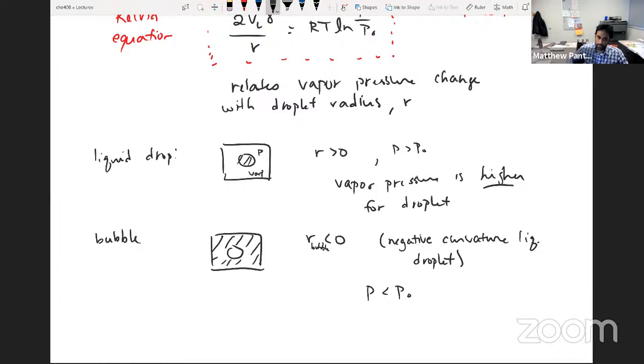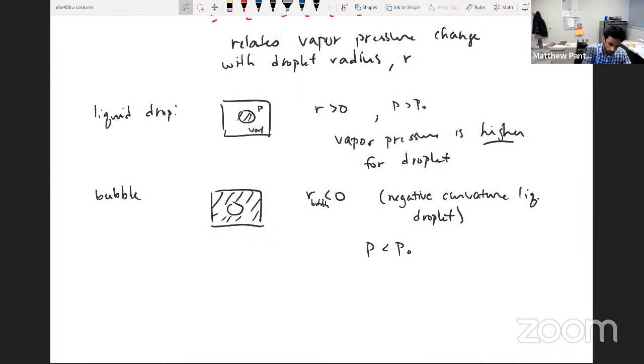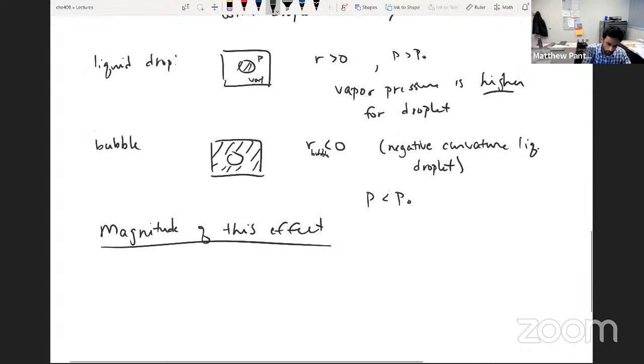Okay, so let's get a look at what this means. What is the magnitude here? You can do these calculations yourself, it's not very hard. So let's take a few different cases of water droplet sizes, for water at 25 degrees Celsius.